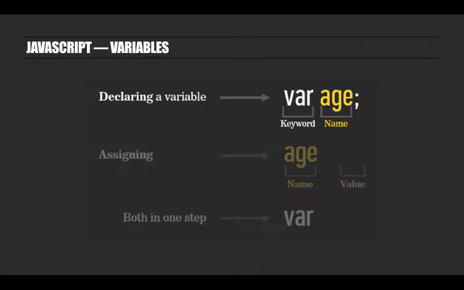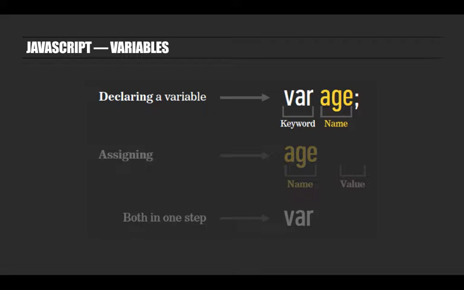This is how you write code in order to make variables. In JavaScript, you have to type var, and then you have to give that variable a name.